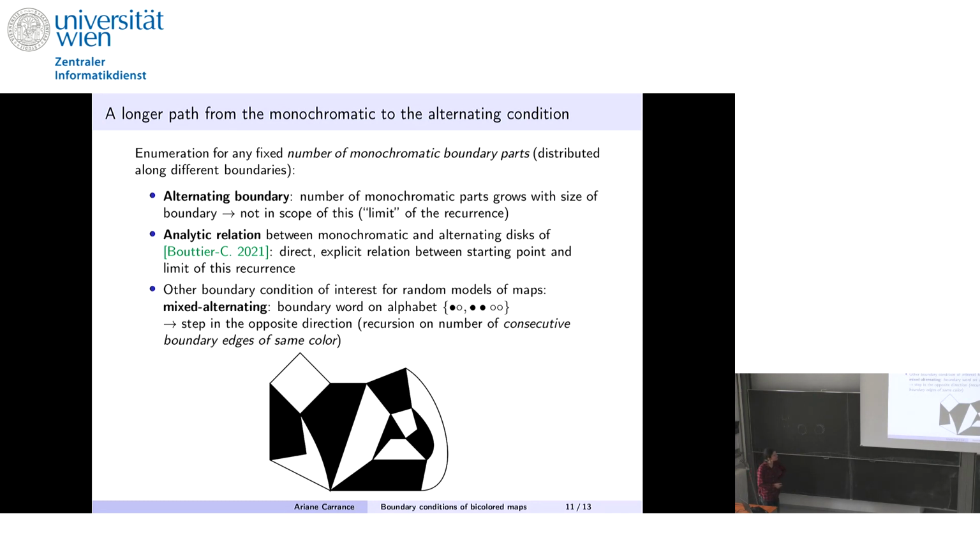So here, in this particular example, you see that you have black, black, white, white for the edges along the boundary, then black, white, black, white. So it's an example of that. And so here we're starting from the alternating condition and increasing the number of consecutive edges that are of the same color. So that's why I'm saying it's a step in the other direction.